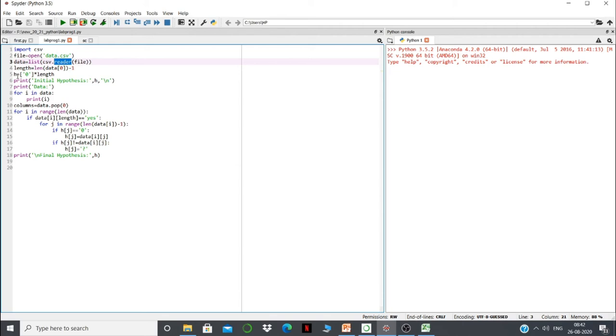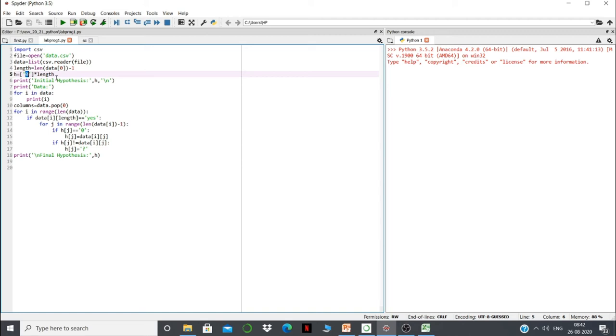Now the next thing is, in the Find-S algorithm, the first step is to initialize the hypothesis with the most specific hypothesis. The most specific hypothesis can be represented by phi values, and the collection of these phi values provides you the most specific hypothesis. That is the initial step of the Find-S algorithm.